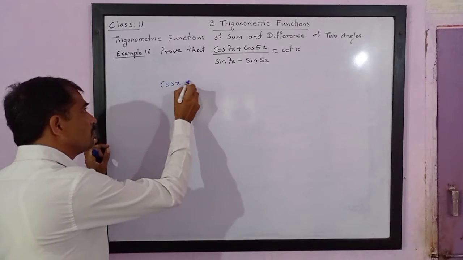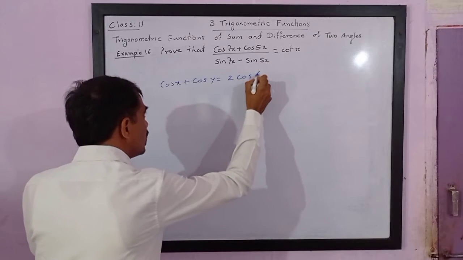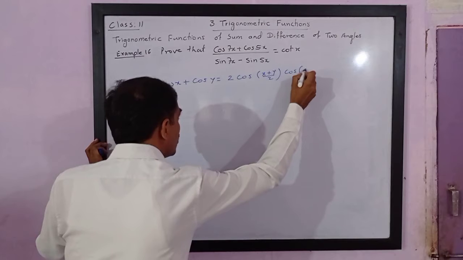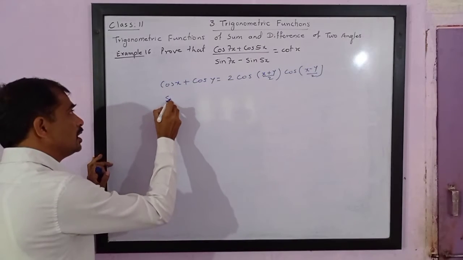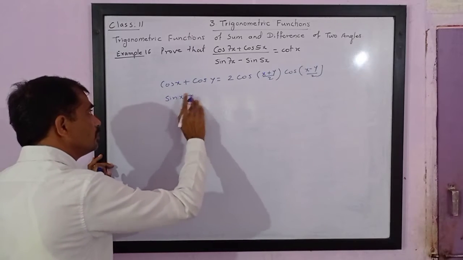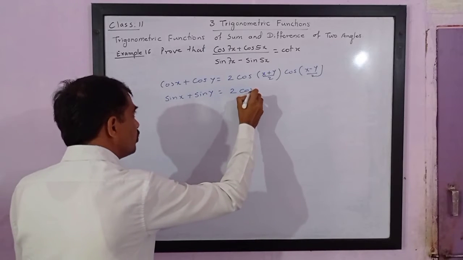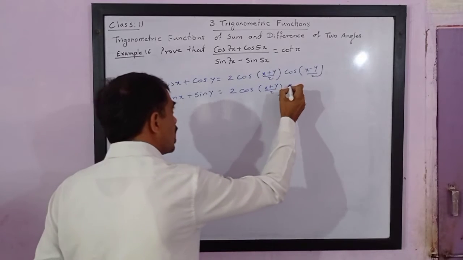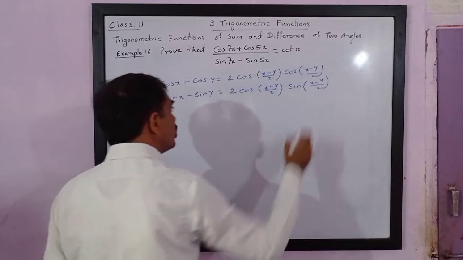cos x + cos y is equal to 2 cos((x+y)/2) into cos((x-y)/2). And for sin x - sin y, we have 2 cos((x+y)/2) into sin((x-y)/2).